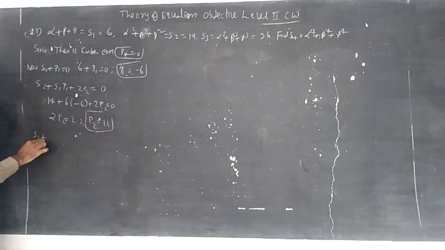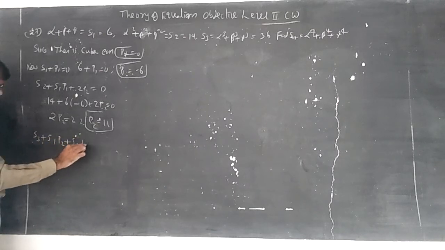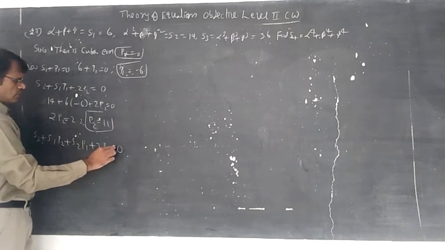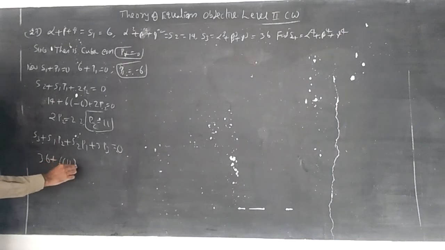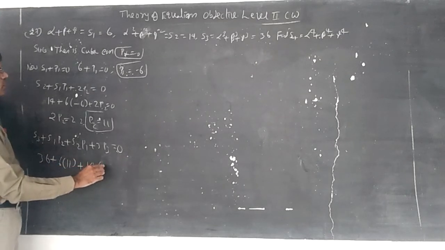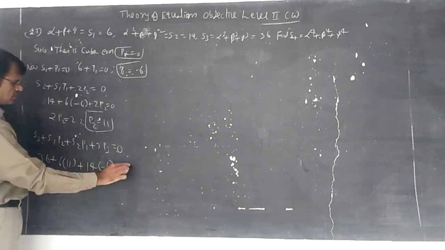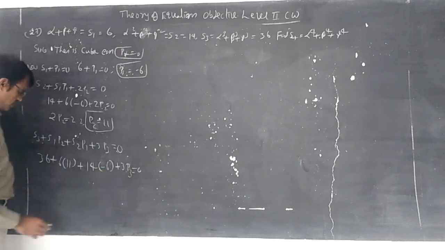Now use the formula S3 plus S1 P2 plus S2 P1 plus 3 P3 equal to 0. S3 being 36, plus S1 6 into P2 11, plus S2 meaning 14 into P1 value minus 6, plus 3P3 equal to 0.